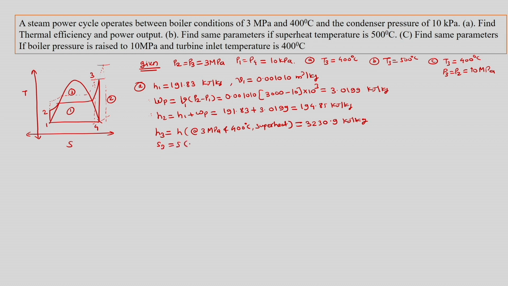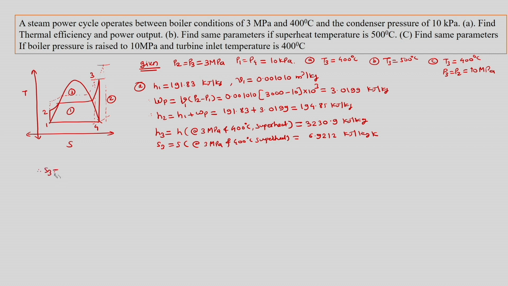Similarly, S3 at 3 megapascal and 400 degrees Celsius superheat is equal to 6.9212 kilojoule per kg Kelvin.